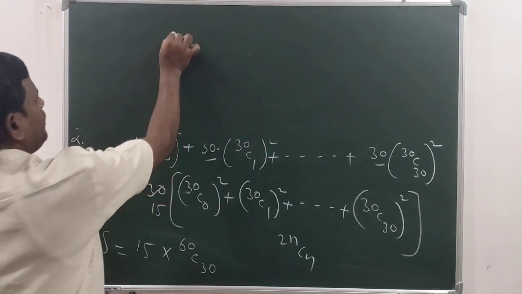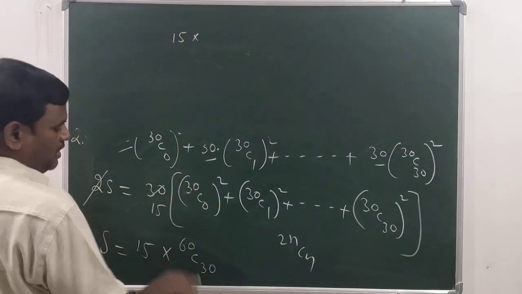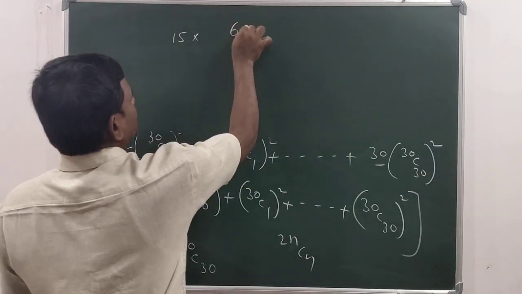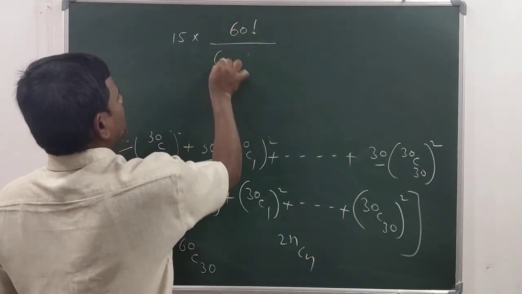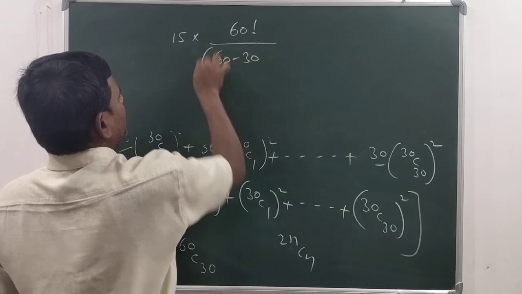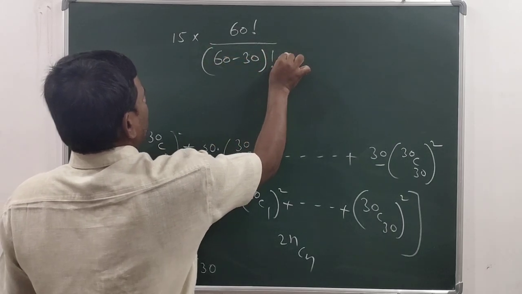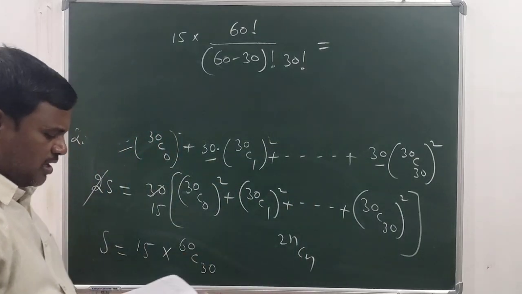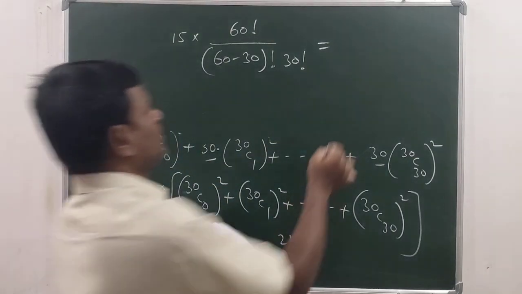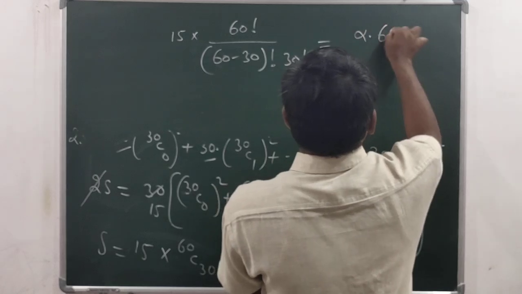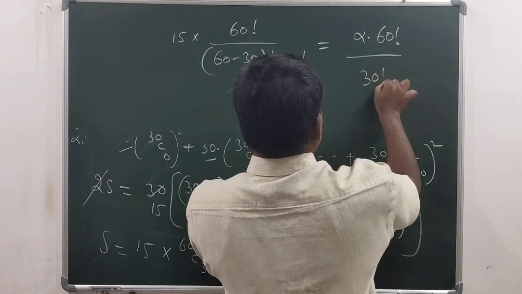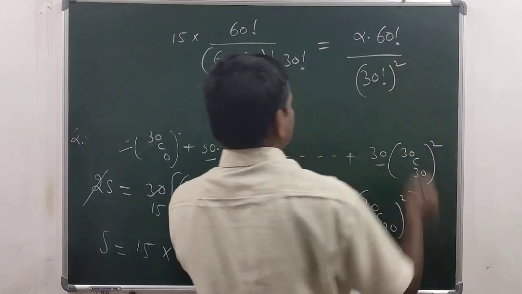Now here 15 into 60C30 can be written as 60 factorial by (60 minus 30) factorial into 30 factorial. Now this is equal to the RHS, what is given? Alpha into 60 factorial by 30 factorial whole square.